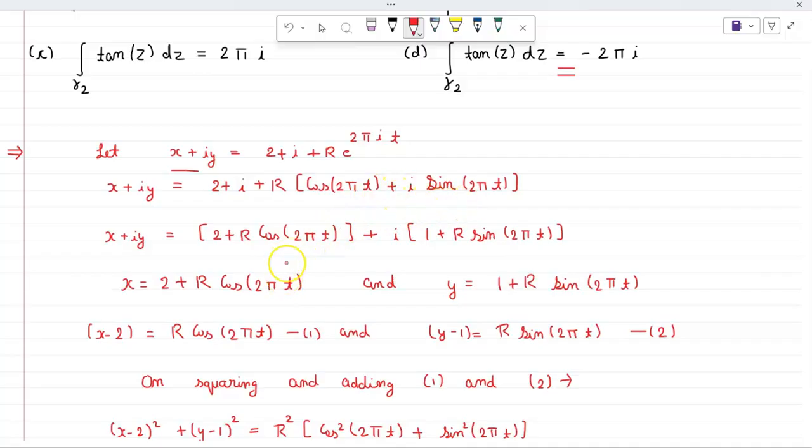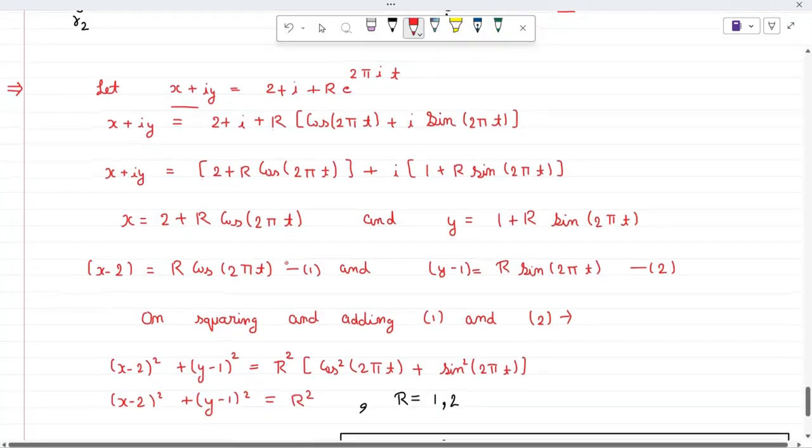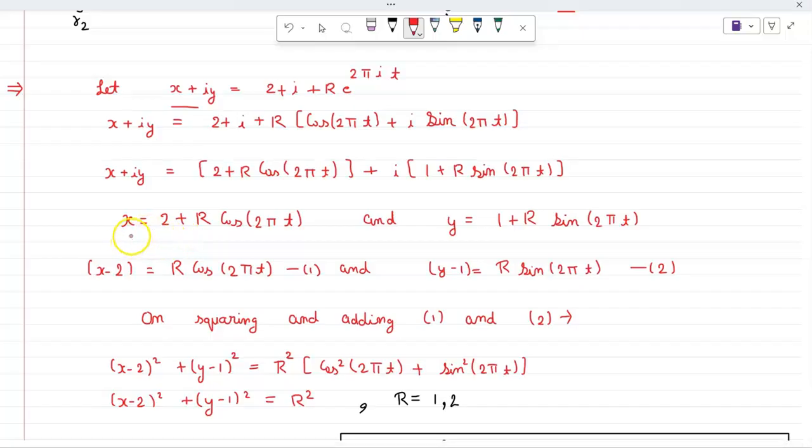Comparing the real and imaginary parts, x is equal to 2 plus r cos 2 pi t and y is equal to 1 plus r sine 2 pi t. So it behaves like a parametric curve. On rearranging, x minus 2 is equal to r cos 2 pi t and y minus 1 equals r sine 2 pi t.